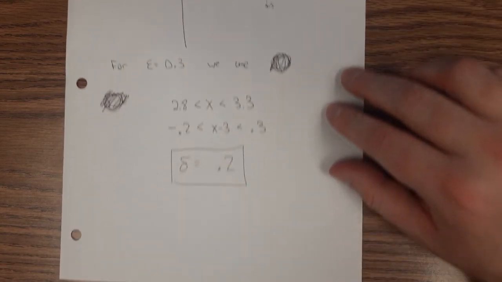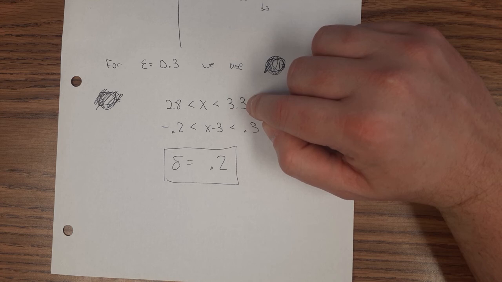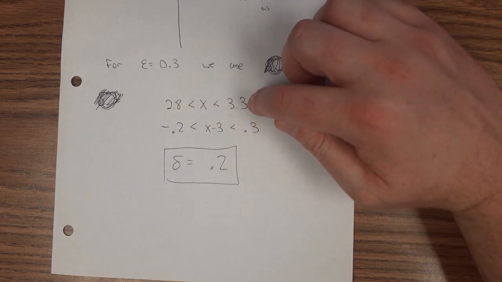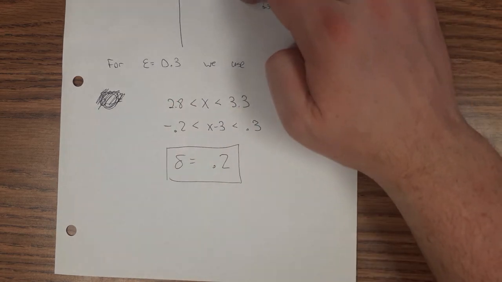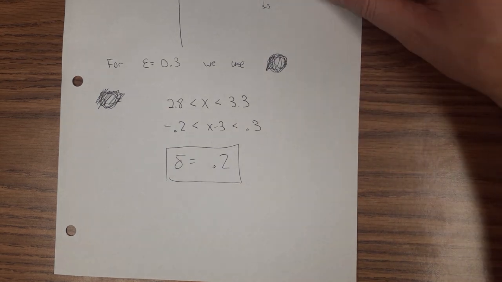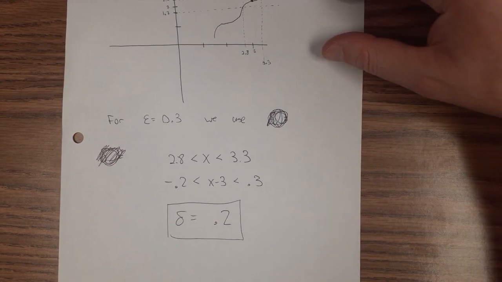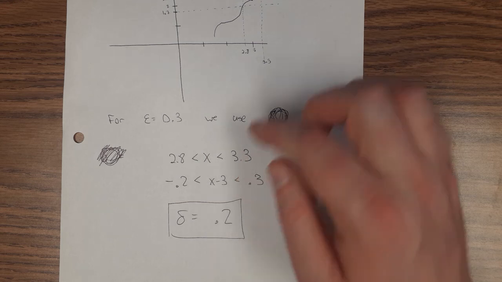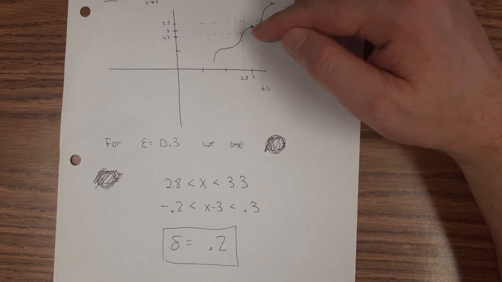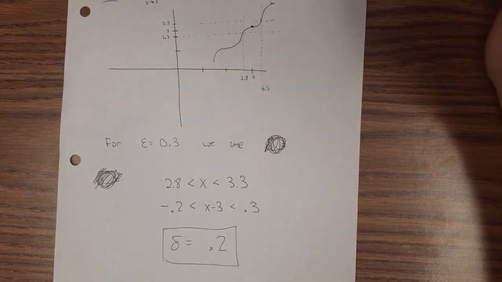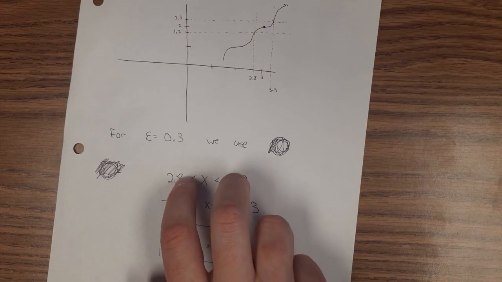So that's what I start with, and I read this directly off of the picture. I'm just reading the 2.8 and the 3.3 right off of the picture. So I say, okay, what I want in order to stay in this vertical range is that I want x to stay in this horizontal range, and so that's what I write.